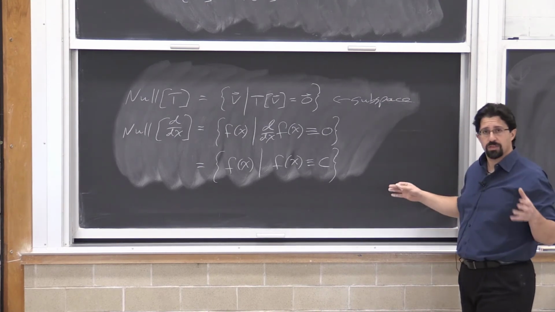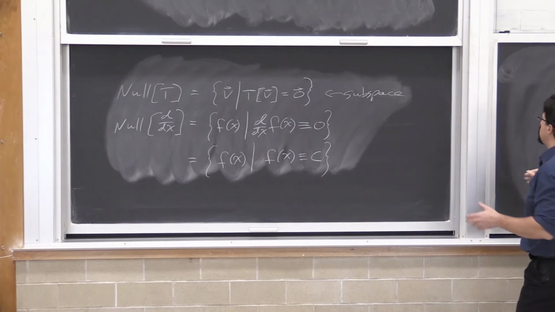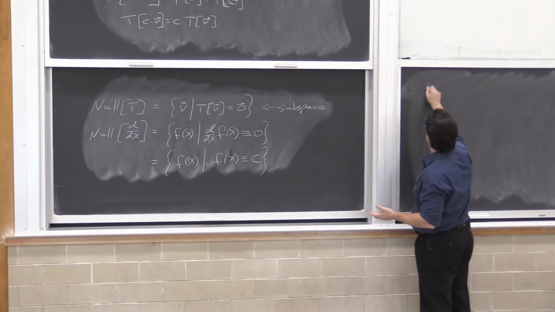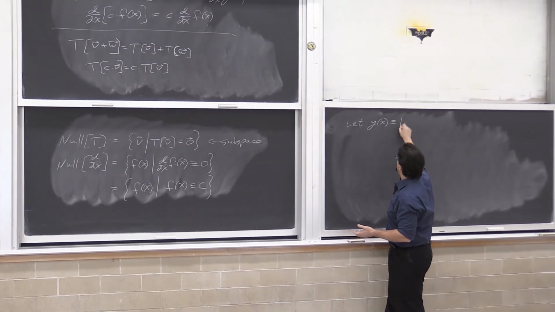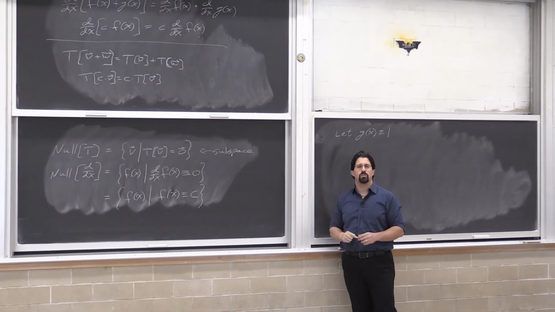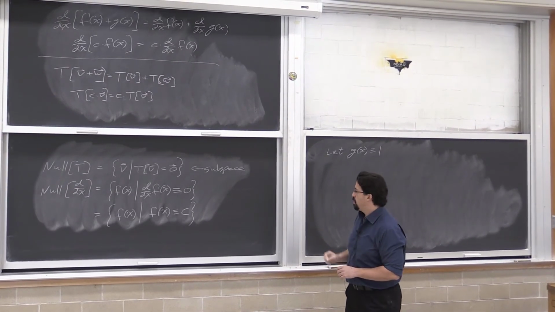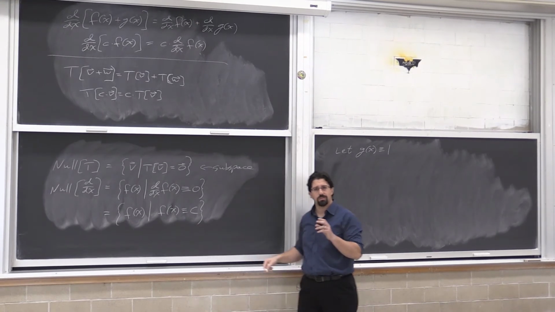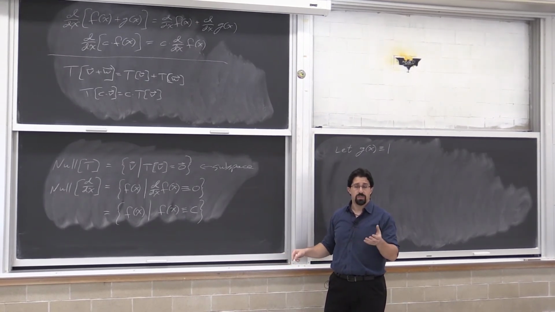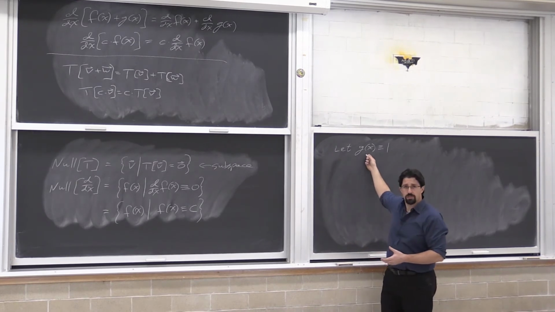But we can go one step further. Let's see how frightening we can make it. We'll take a particular function. Let g of x be the function that is always equal to 1, the constant function that is always equal to 1. Then what happens? Every function over here, every function that is always equal to c, is just c times g of x.